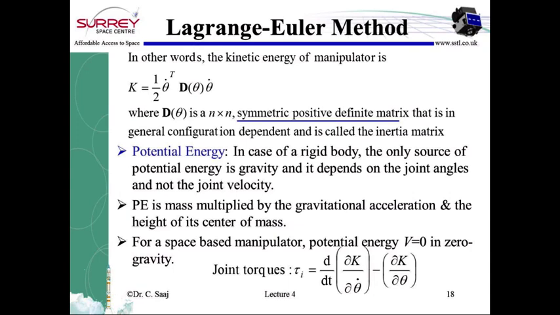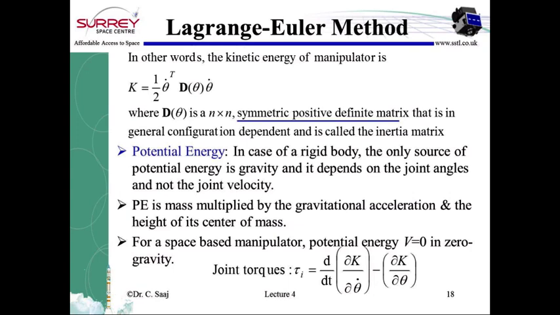So you can calculate the potential energy, which is a product of mass times gravity times the height of the center of mass. Of course, for space-based applications, we consider only the kinetic energy, because we can treat the potential energy term to be zero under zero gravity conditions.